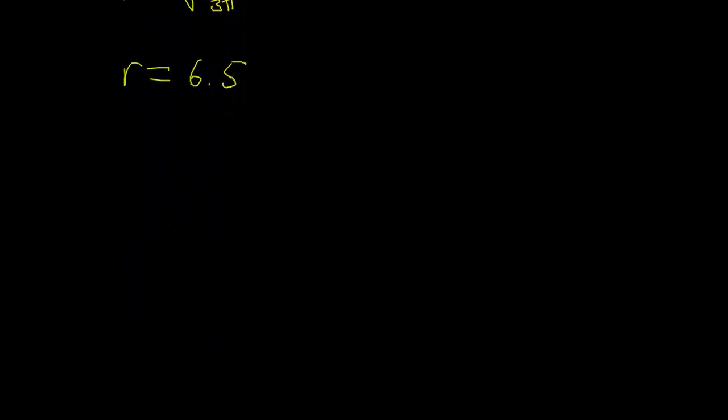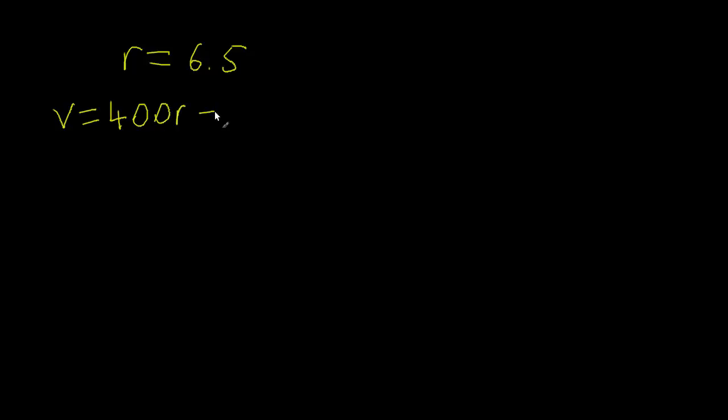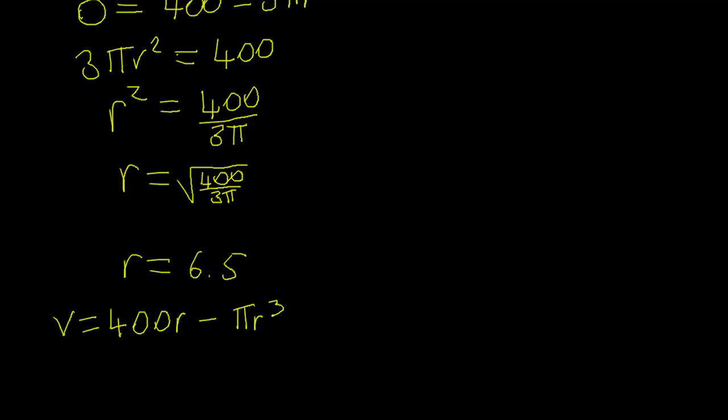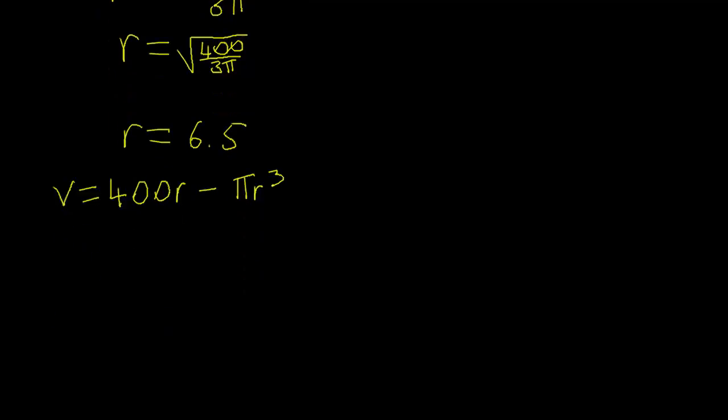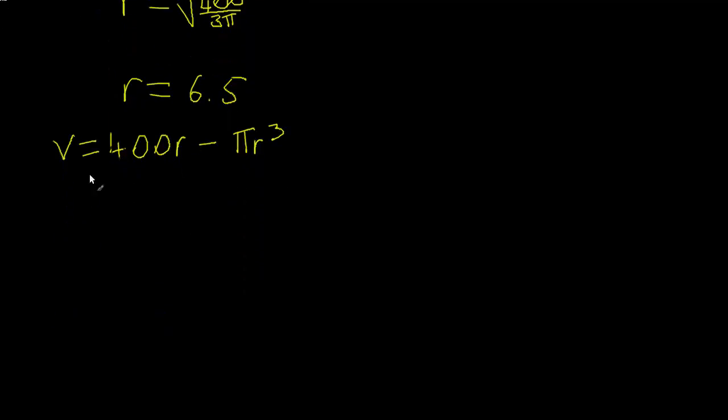So we know that the radius is 6.5. We also know that the volume is equal to 400 lots of the radius minus pi r cubed. If we substitute our value of r into this equation, we're going to use the more accurate version that r is equal to the square root of 400 over 3 pi. So we need to find this maximum value of v.